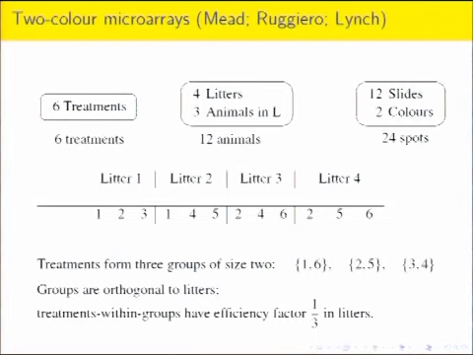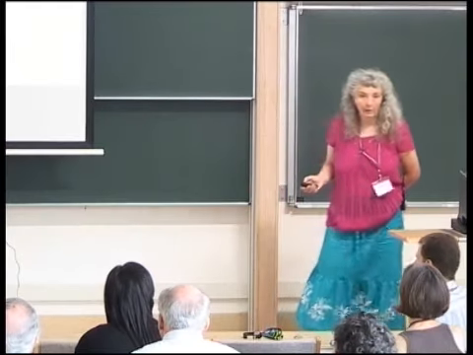This forces you to think of the treatments in 3 groups of size 2. This might be artificial, it might not be real, and you'll see that every litter has one thing from each group. So groups are orthogonal to litters, but comparisons like 1 versus 6 are not orthogonal to litters, and you can show there's an efficiency factor of 1/3 there.